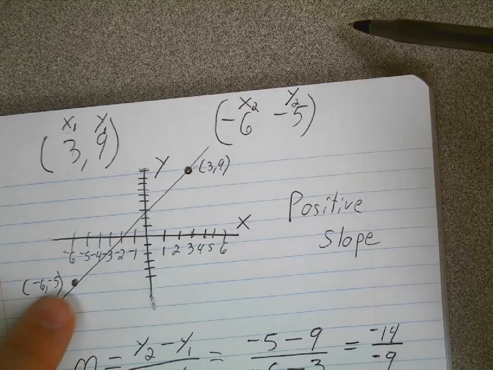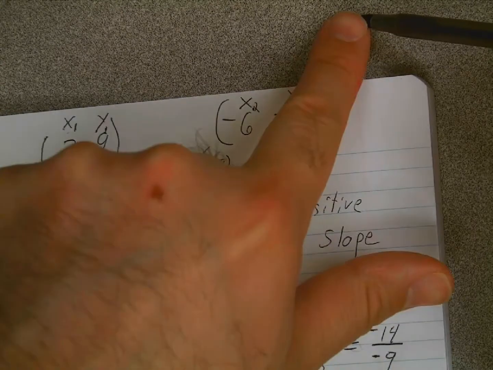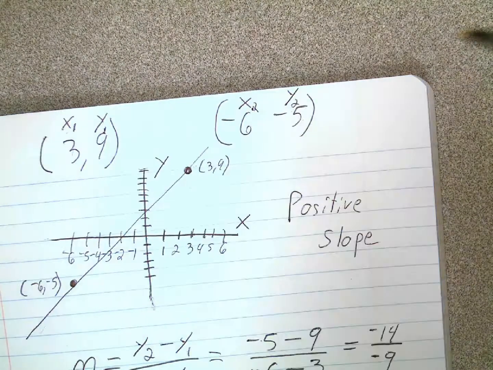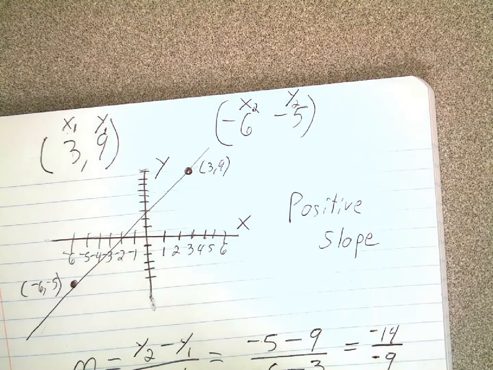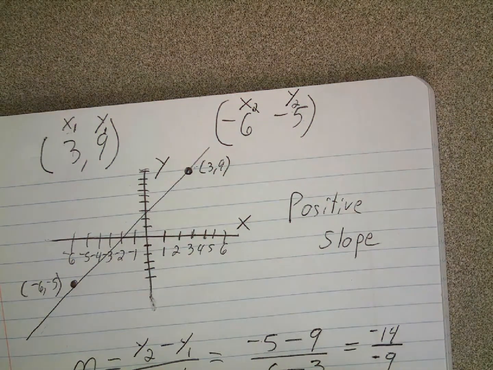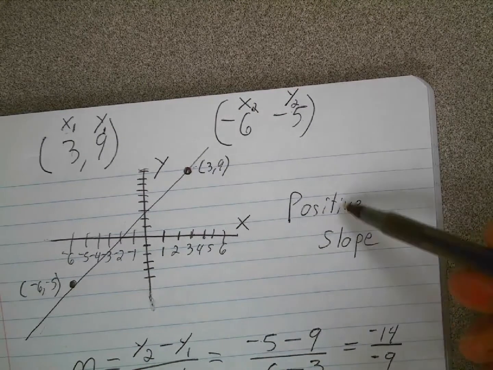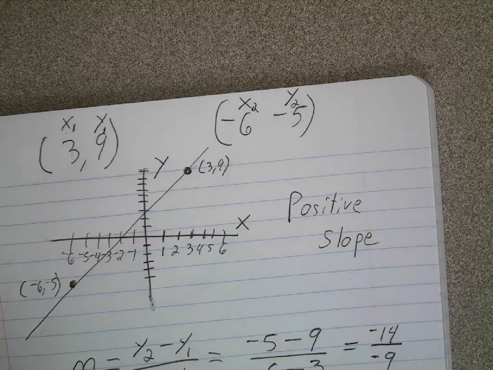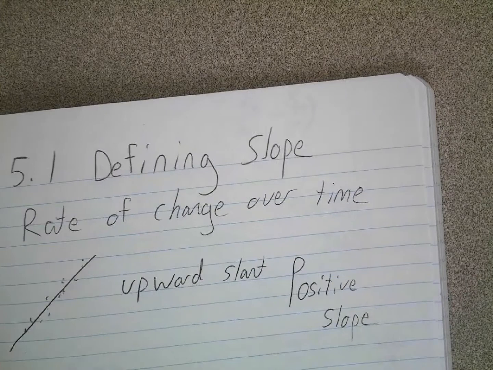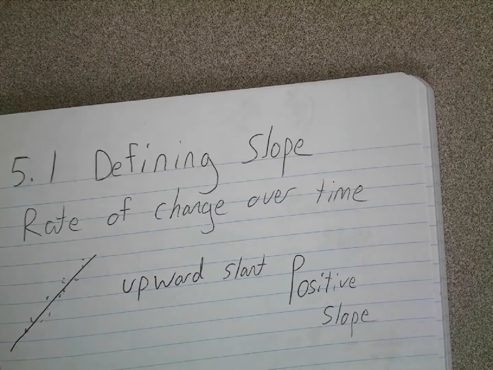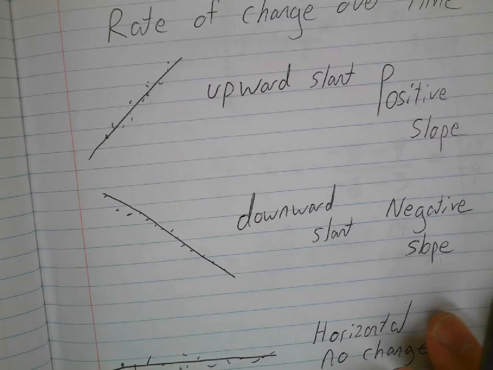And so if this line were to keep going, it would hit this point right where my finger is right there. All right? So there is how to use the slope formula, which I'm sure some of you learned in middle school. And then positive slopes, upward slants, downward slants, negative slopes, horizontal, no change. Your slope would be 0, M would be 0.